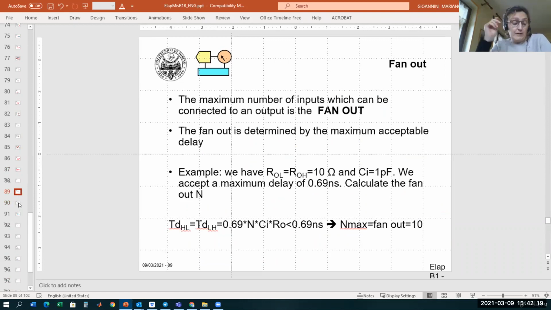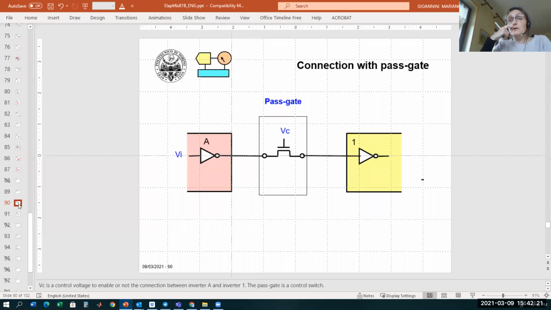Then, for example, if you make a connection like this one, you want to connect two modules together, and you want to enable or disable the connection, you can use a switch.